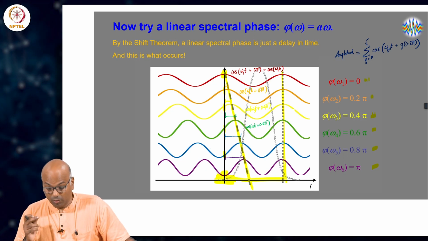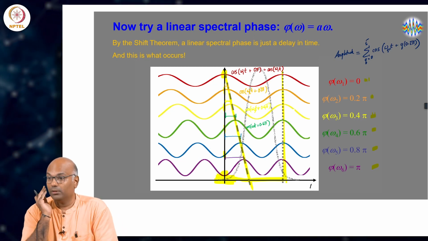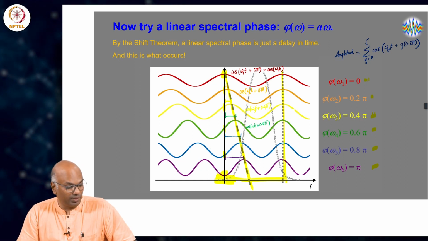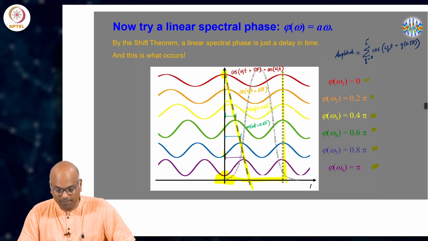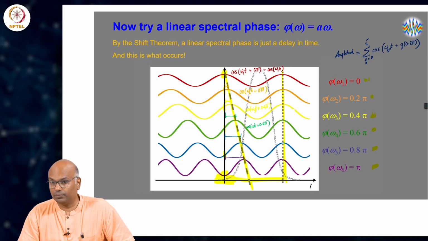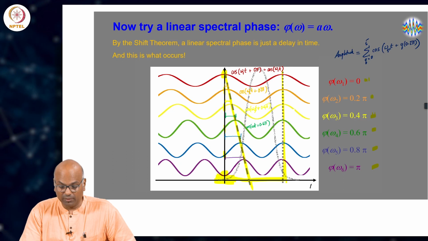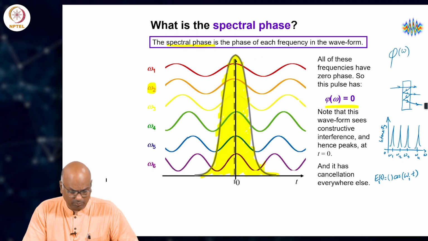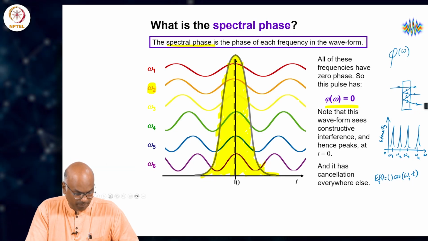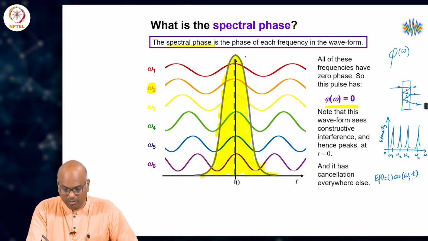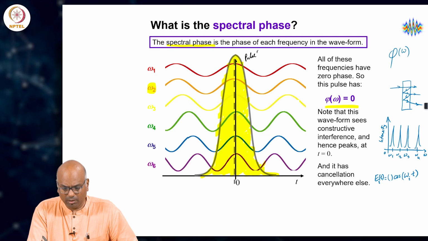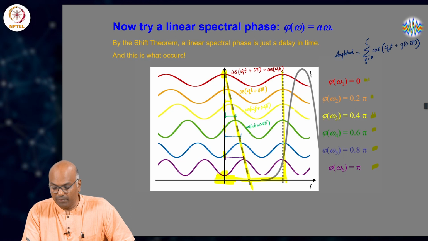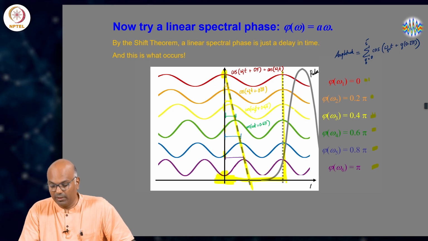Okay. So, what essentially happened? What essentially happened is, as compared to the previous view graph, the same pulse, the grey curve, the pulse has moved in time.